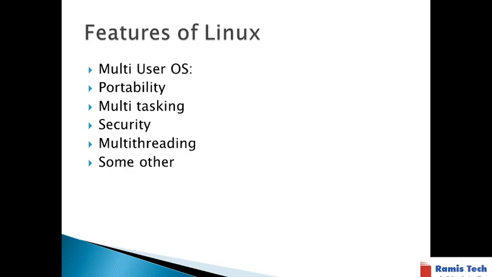Next, the fifth one is multi-threading. Before that, we'll learn what a thread is. A thread is a basic unit of CPU utilization. How much memory is consumed can be tracked with the help of threads. Unix supports the concept of threads. Each process contains a single thread.